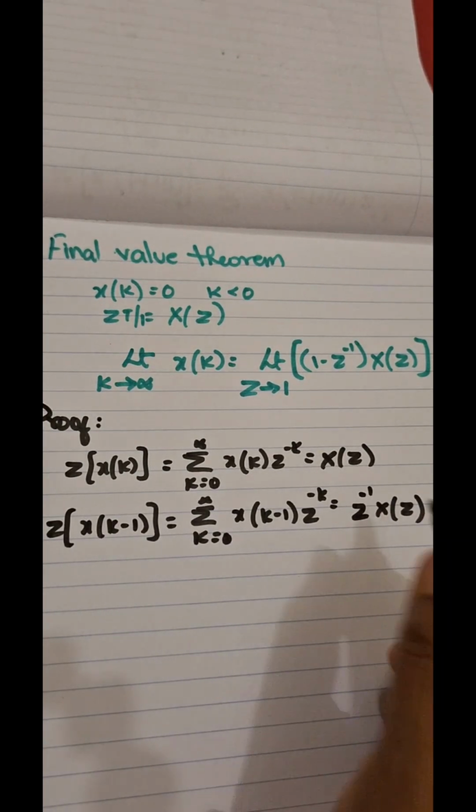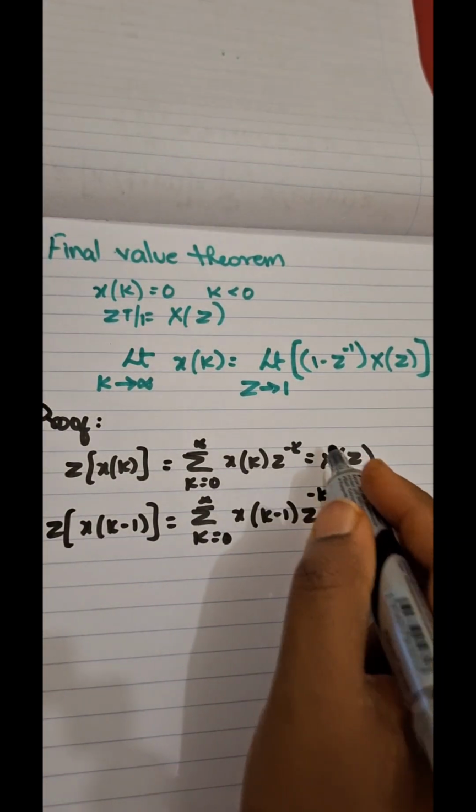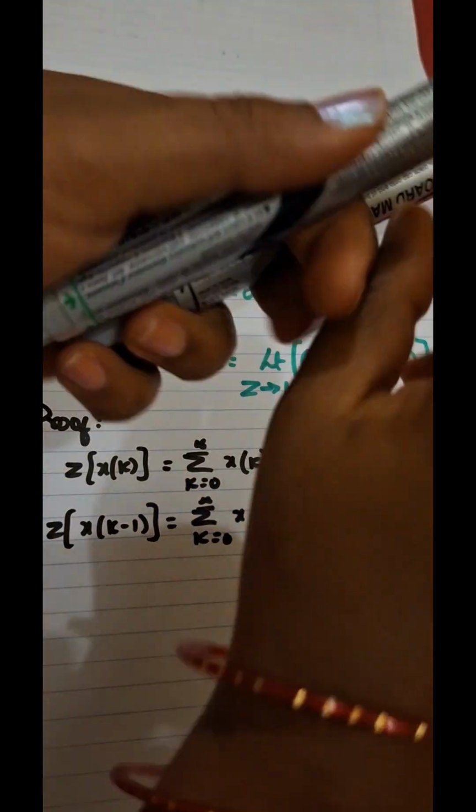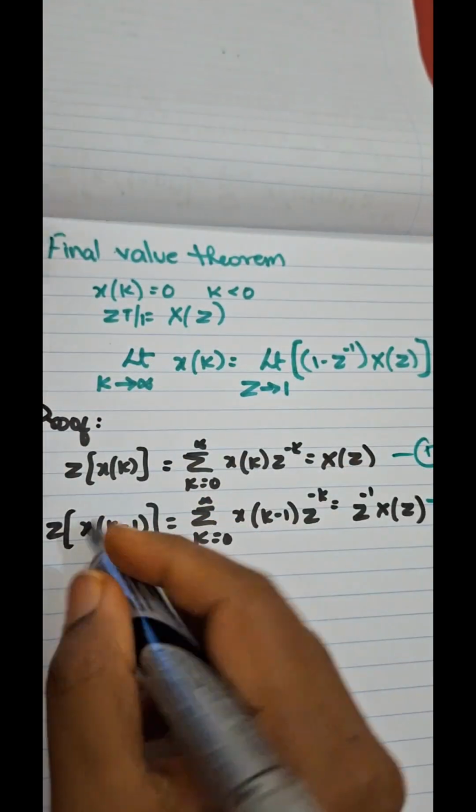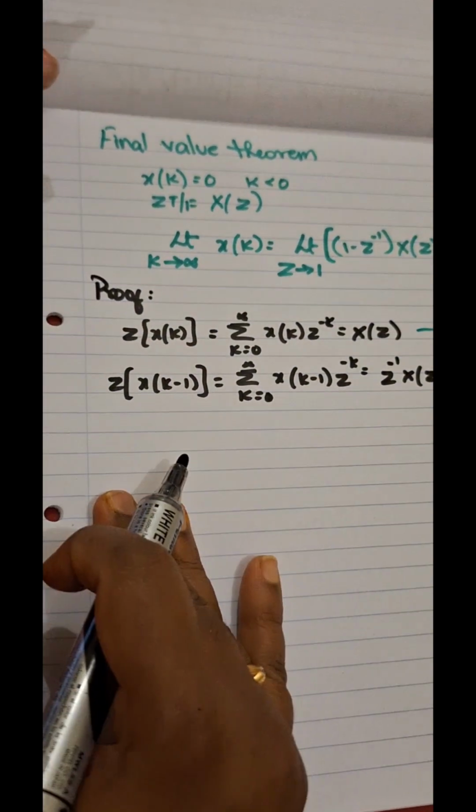I substituted here. Now I am going to subtract these two equations. This is my equation 1 and this is my equation 2. I am going to subtract 1 minus 2.